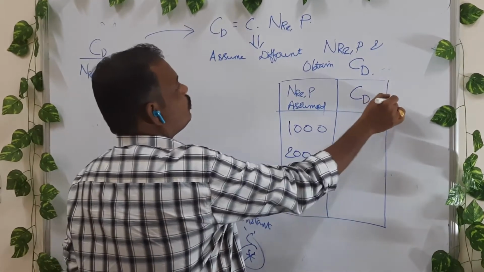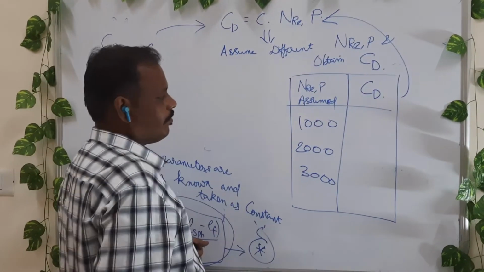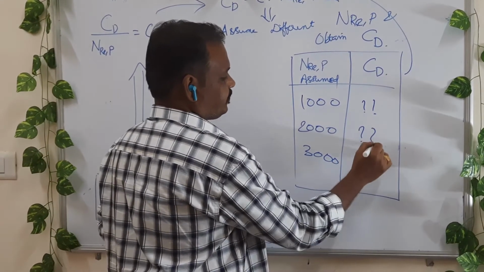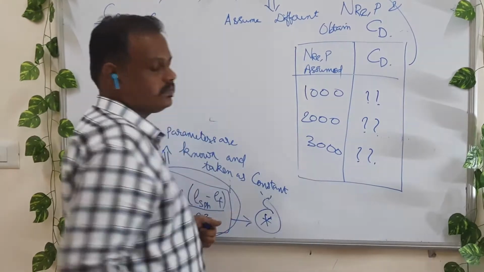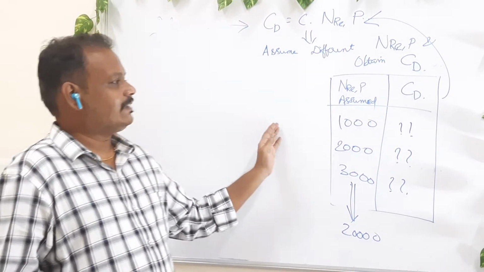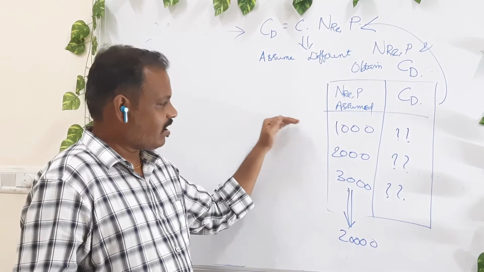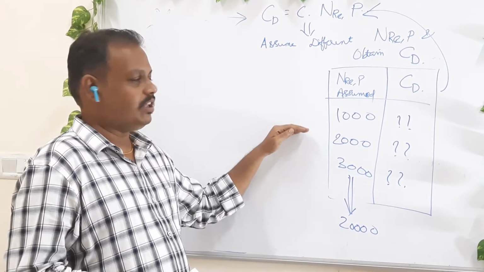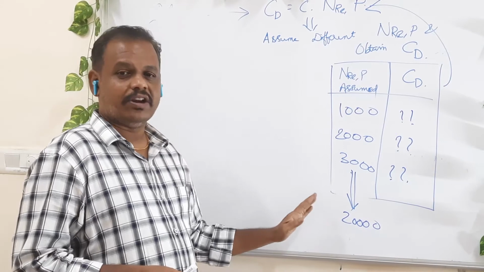With the usage of the relationship explained before, I can calculate what CD is. So we can calculate CD starting from NRe of 1000 with an interval of 1000. You can calculate CD until 20,000.